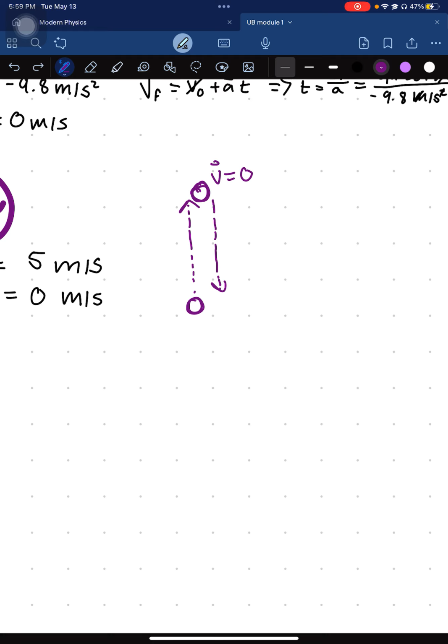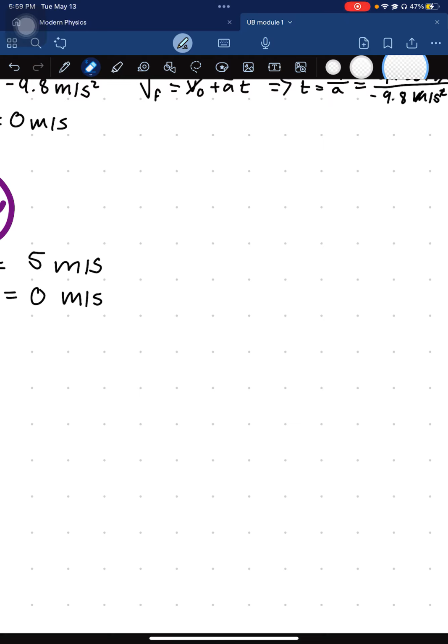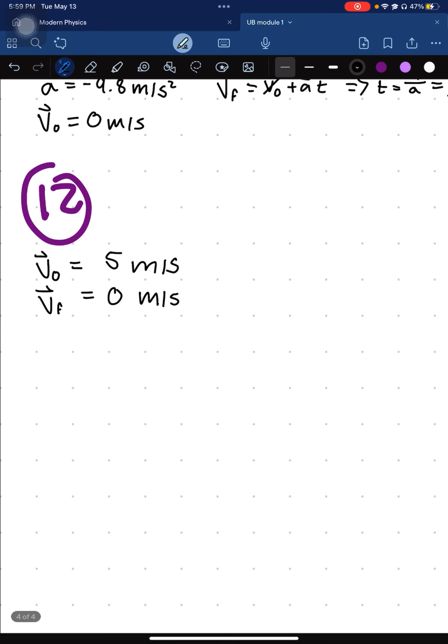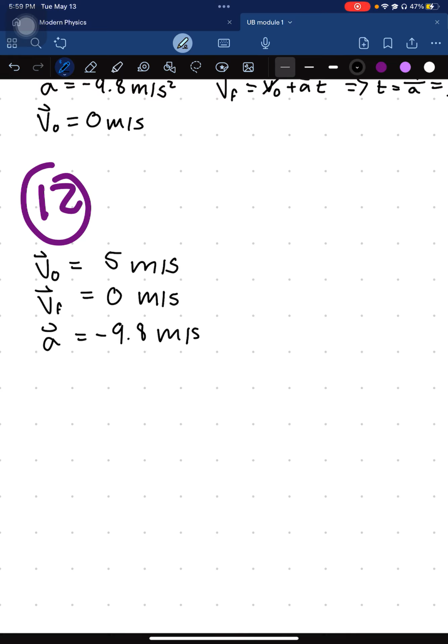It needs to wait for a second up there before it can come back down. So for a split second, the ball is completely still before it comes down. That is why my vf is 0, and then you'll just need to remember to multiply it by 2, because I am asking for the entire time it takes to reach its initial position, and this is just the time it takes to reach the top. And of course, our acceleration is negative 9.8 meters per second squared.